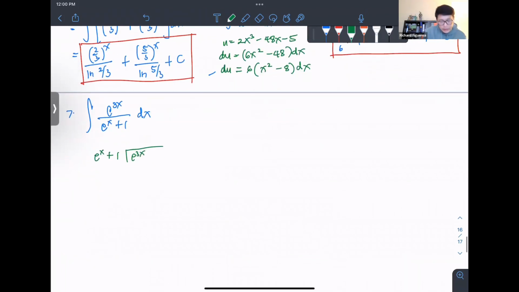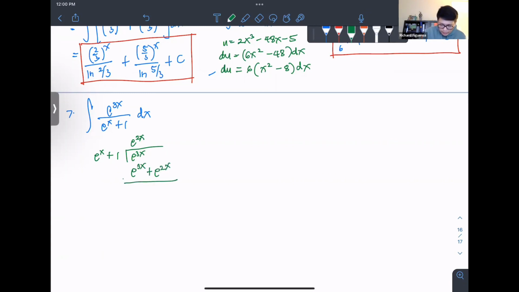To use the natural logarithm, I should end up with e raised to x as well, so that my remainder would be e raised to x. So e raised to 3x divided by e raised to x is e raised to 2x. And 2x and x is e raised to 3x, plus e raised to 2x.